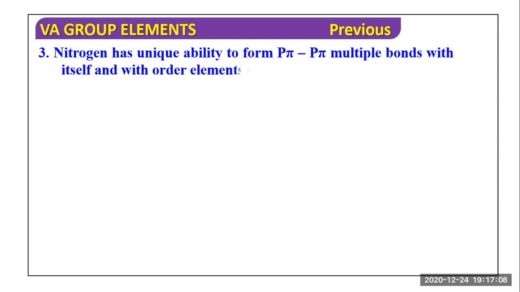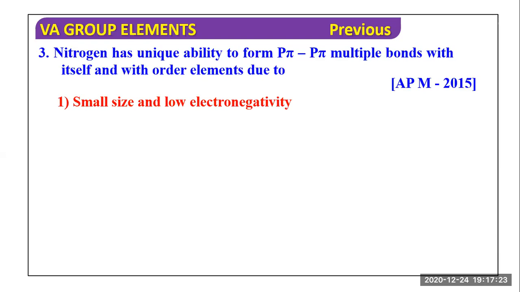Nitrogen has unique ability to form p-pi multiple bonds with itself and with other elements due to small size and low electronegativity? Large size and high electronegativity? No, it is not large size.